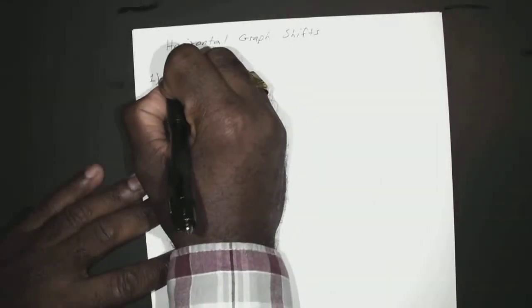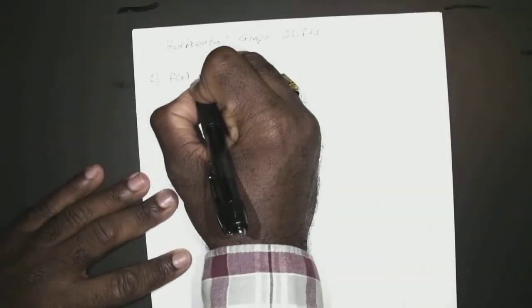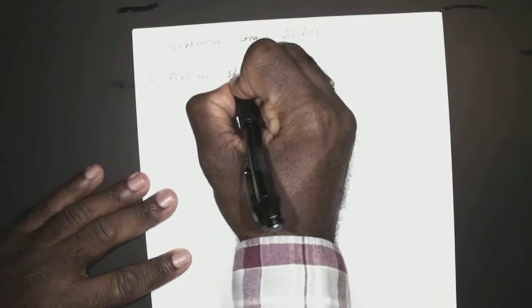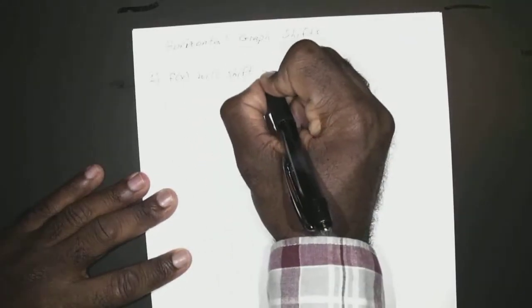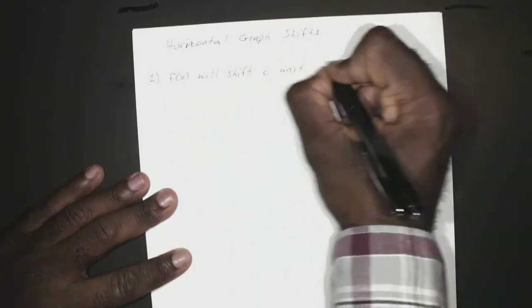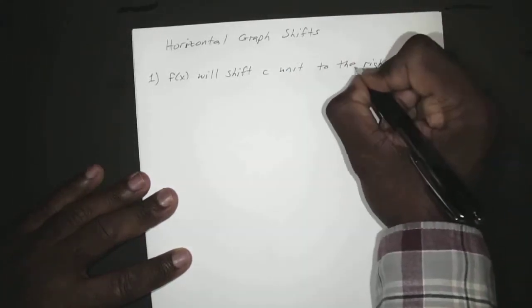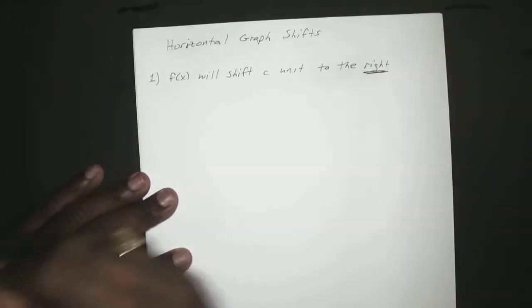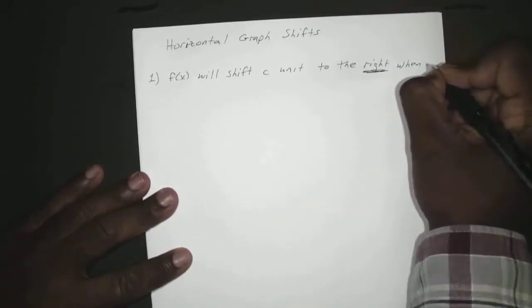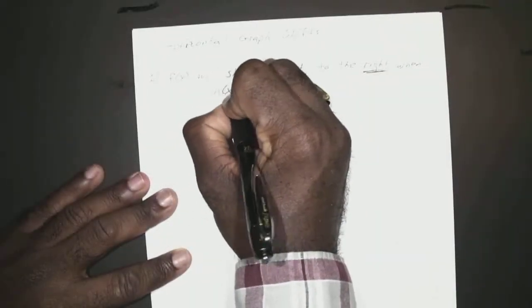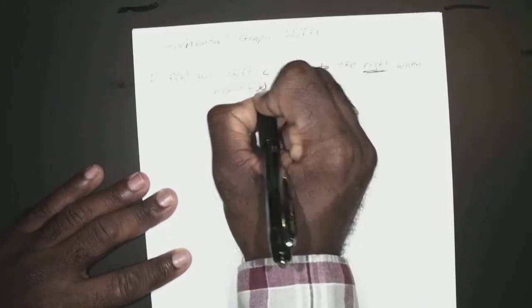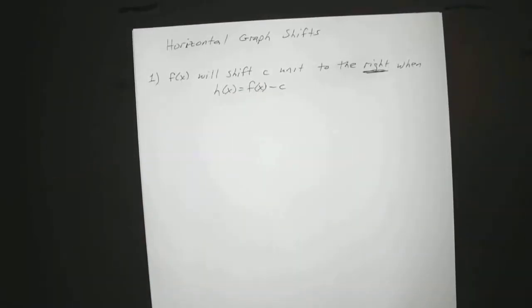So first, f of x will shift c units to the right when h of x equals f of x minus c. And that's the one thing about horizontal. If it's minus, it's going to shift to the right. If it's plus, it's going to shift to the left.